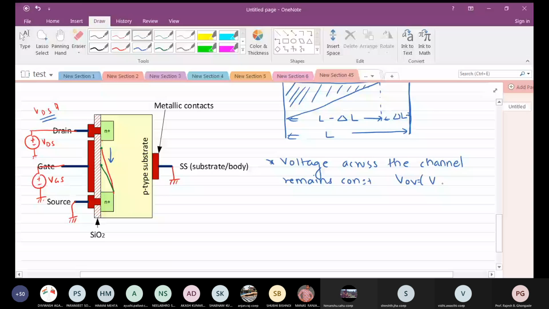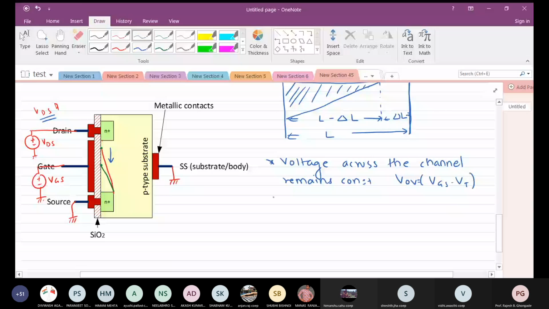And the additional voltage that is applied to the drain, remember we are increasing VDS, appears as a voltage drop across the narrow depletion region between the end of this channel.